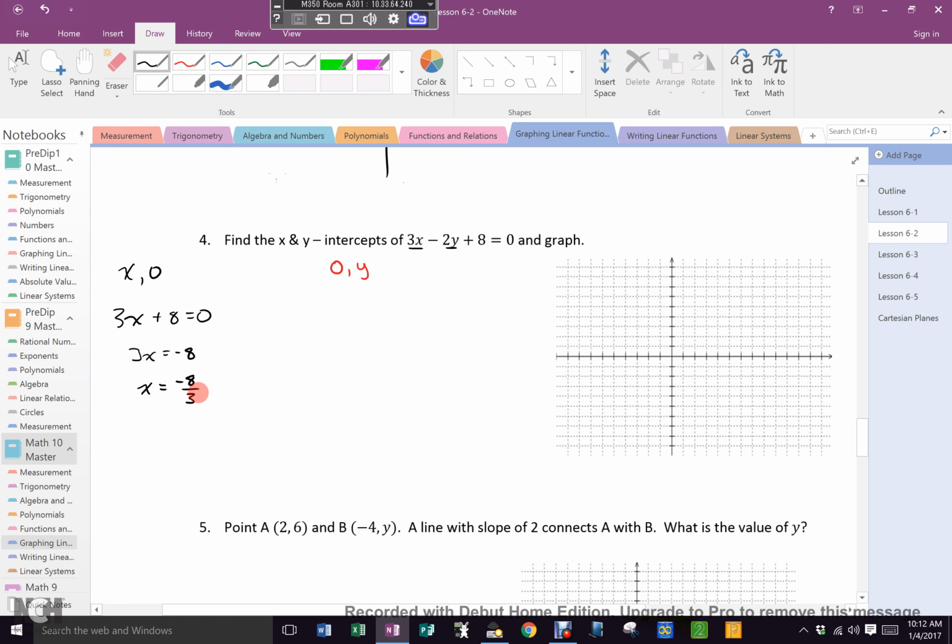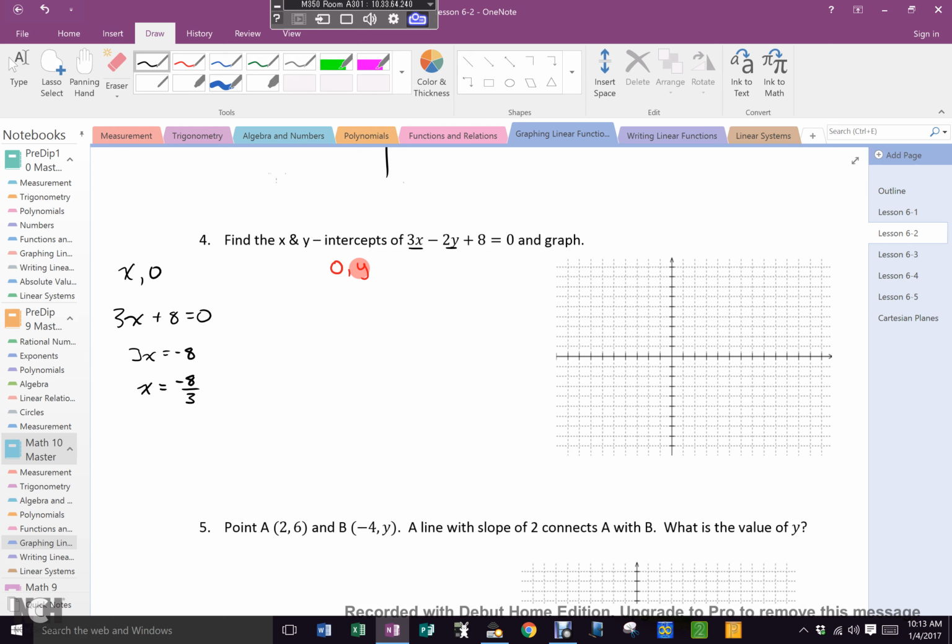Does everyone agree? Should I put it on the graph now? No, because it's a fraction, right? And I better check if the y's have a fraction. Now, do I have to do this? Or did I give you a shortcut to finding the y-intercept? I did, didn't I? What was that shortcut, Mark? Do you remember?